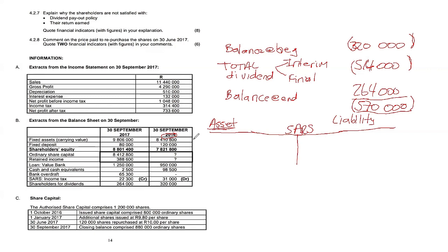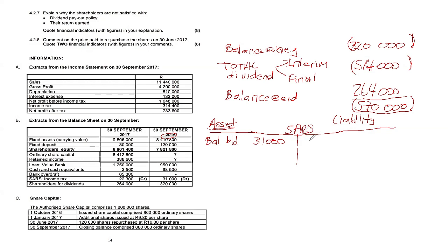Therefore, on 30 September 2016, SARS income tax was on the debit side. So here it's balance brought down, meaning your opening balance was on the debit side, amounting to 31,000.